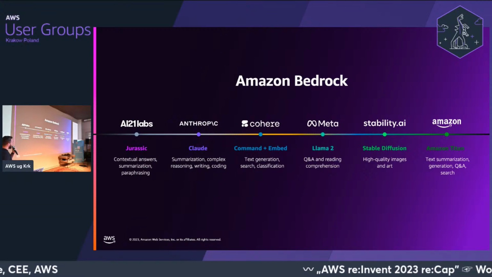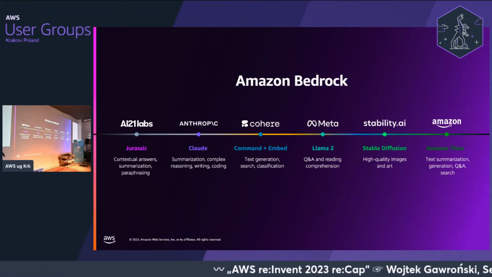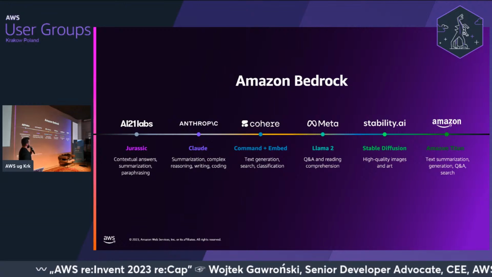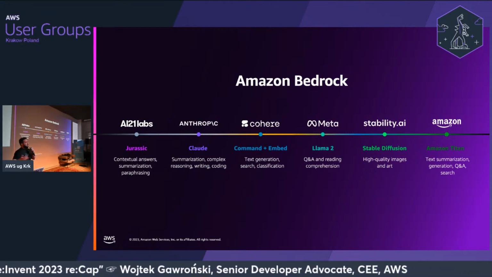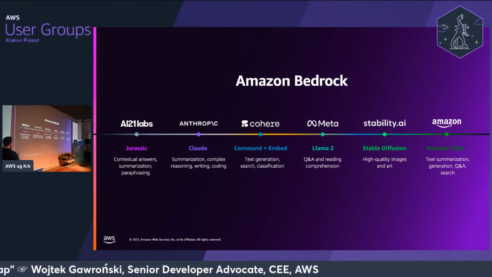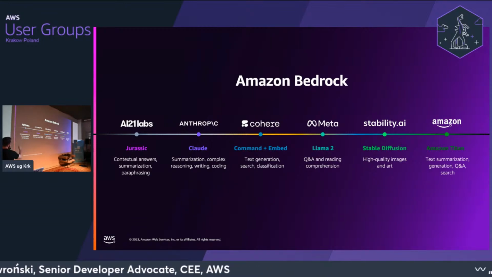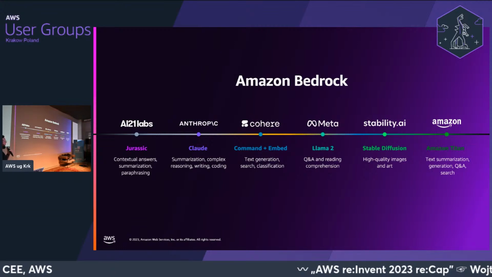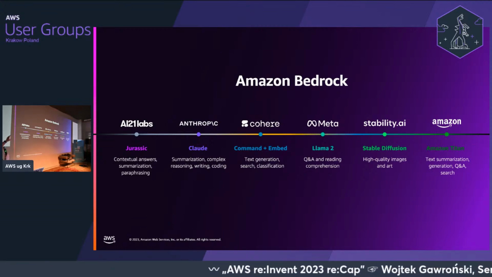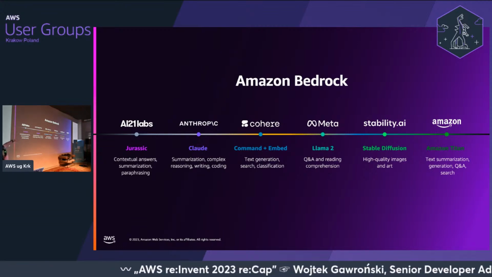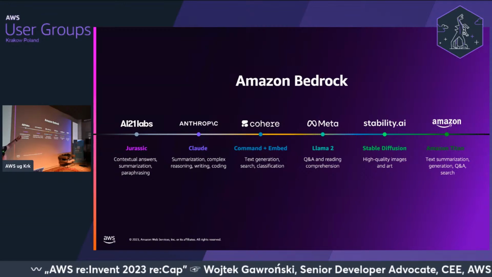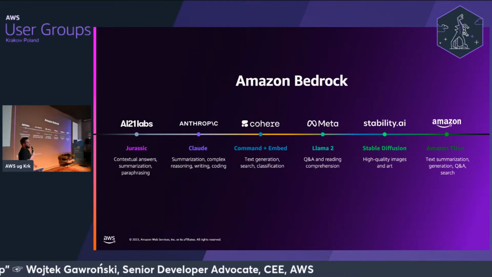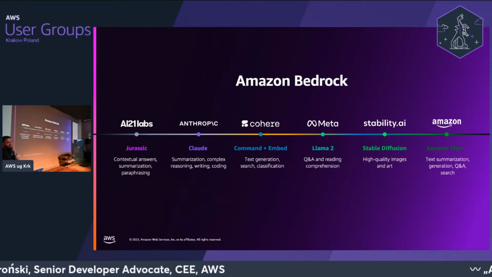In terms of available models, at the moment, you have those providers available, and they were announced as generally available at re:Invent. So before that, we have Anthropic, AI21, Cohere, and Stability AI, and additional versions for Claude, for Cohere, Meta that is available as Llama 2 models, and also Amazon Titan models were announced at re:Invent as the new stuff.